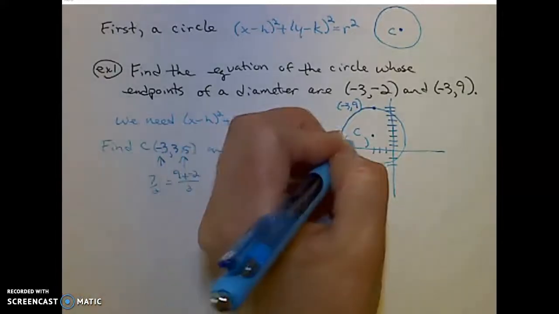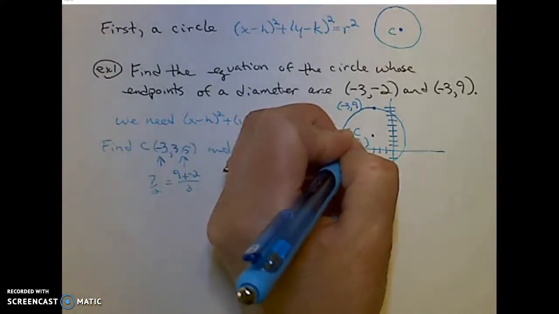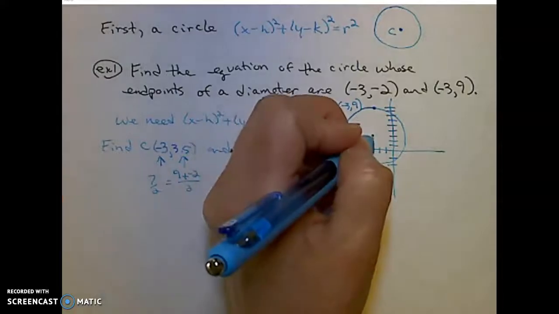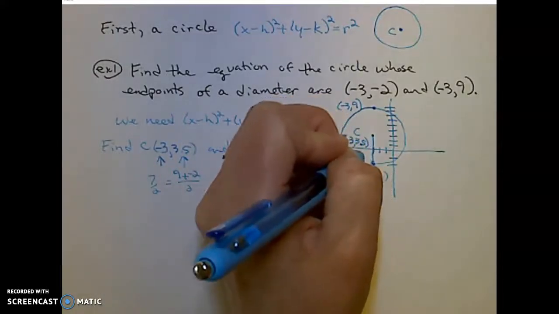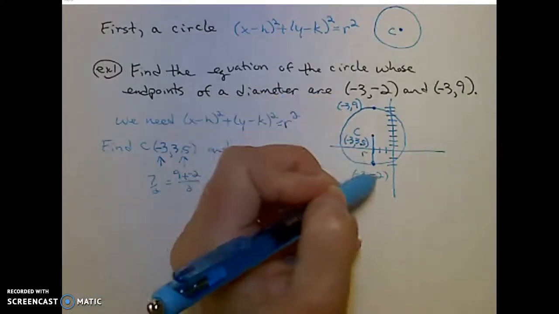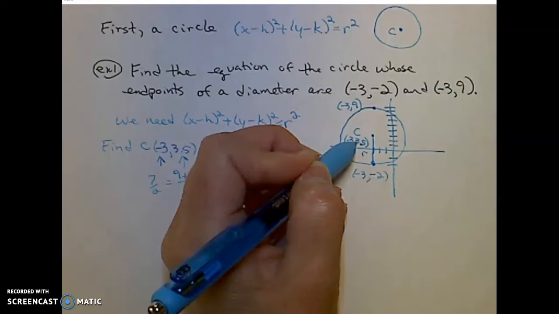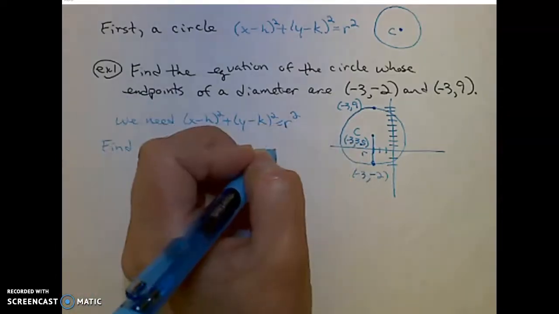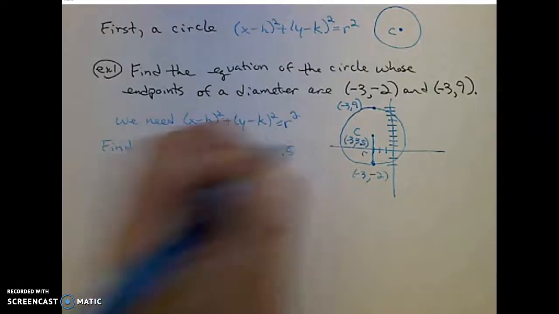So the center of that circle is at (-3, 3.5). Since that's a vertical line, the radius is simply the change in y. How many units between 3.5 and -2? 2 below, 3.5 above, and the radius of that circle is 5.5.